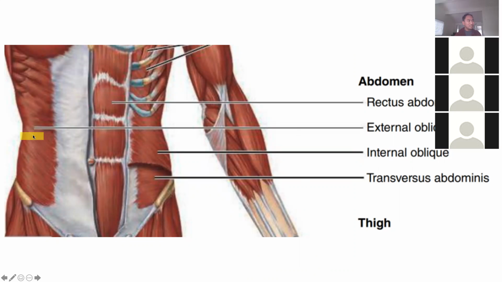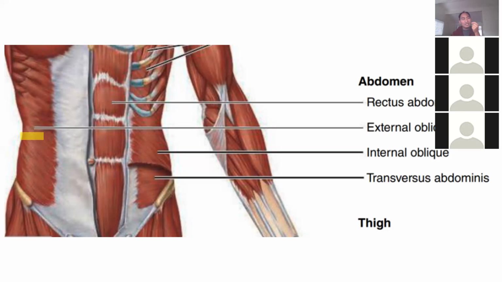The direction of the external oblique is from outside to inside, going downwards and medially into the center. So let's say in the exam you have a cadaveric specimen, and we ask you what is this muscle in the anterior abdomen.